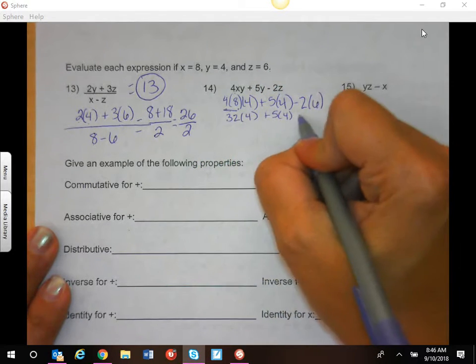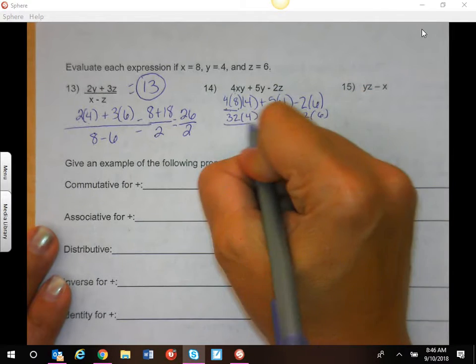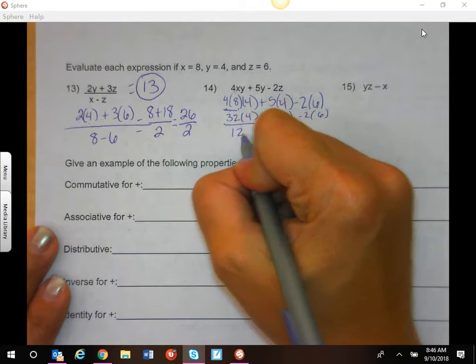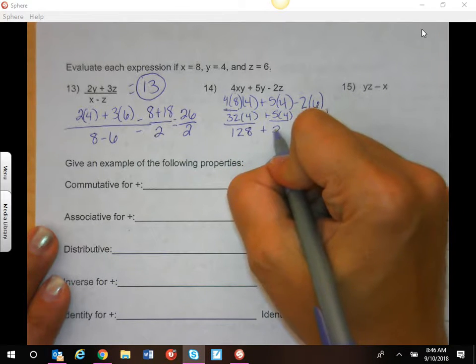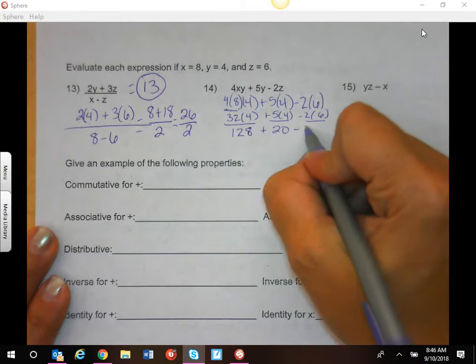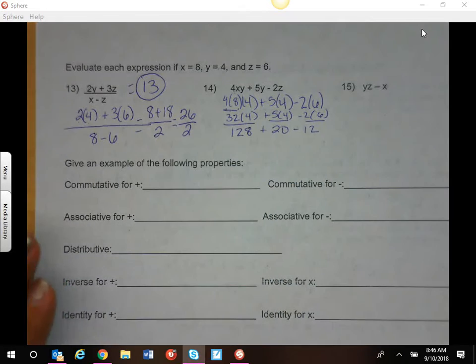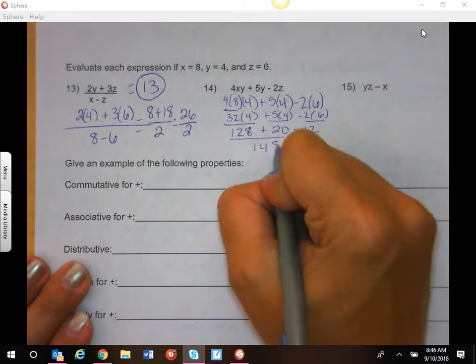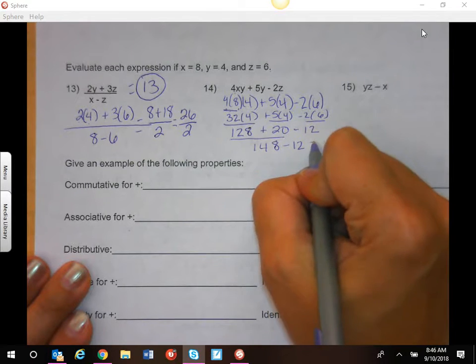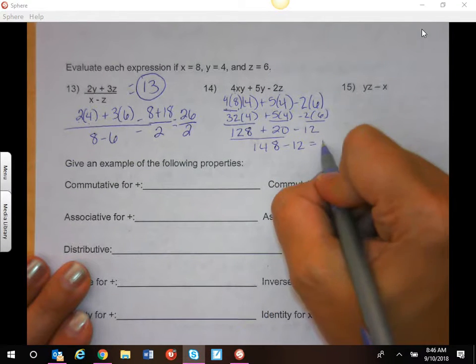And this is still just order of operations. 32 times 4 is 128. Plus 5 times 4 is 20. Minus 2 times 6 is 12. And addition is in order from left to right. This is 148 minus 12, which is going to be 136.